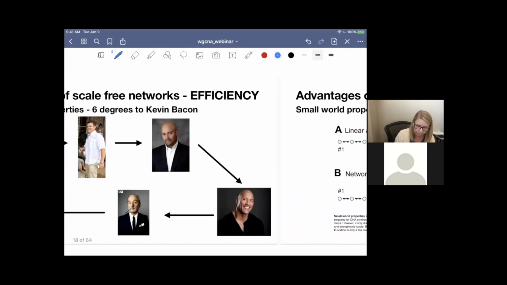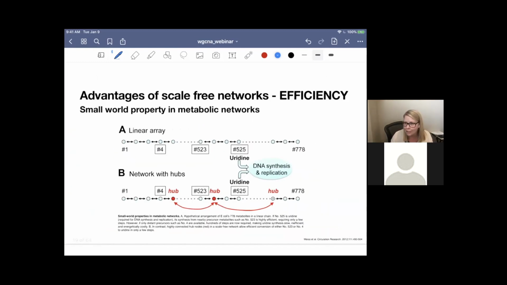Right? But it's not just celebrities that we think of working in this efficient manner, it is also what we have observed in metabolic networks. And so this idea that to go from one metabolite to another, if we went along a linear array and had to go from 1 to 2, 2 to 3, 3 to 4 to get to our end product, it would be a really inefficient process, right?